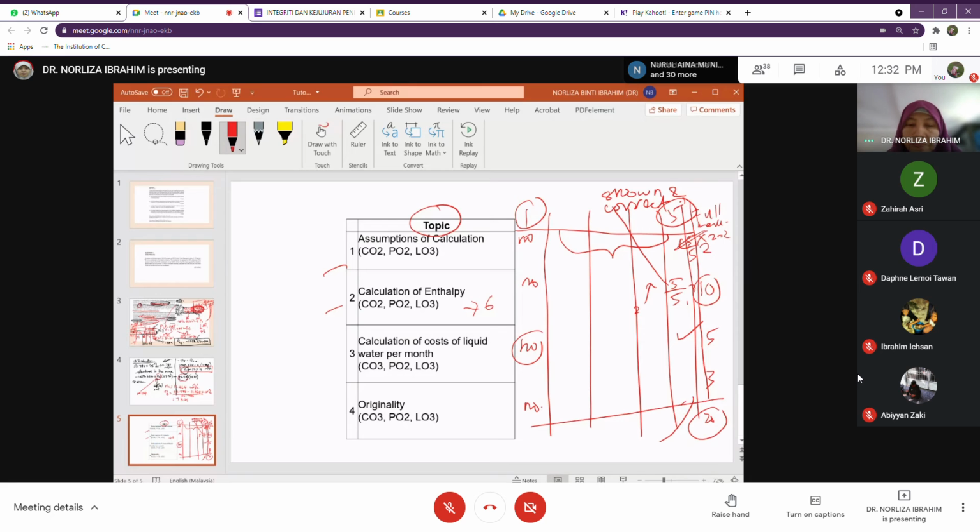Originality is actually very subjective. But normally we go to the fundamentals, whether you show step by step. We can see if one is copying the other from the solution.